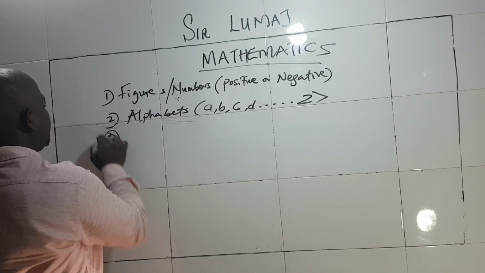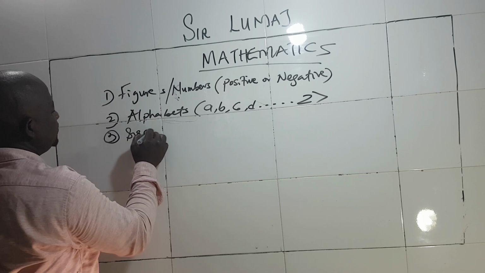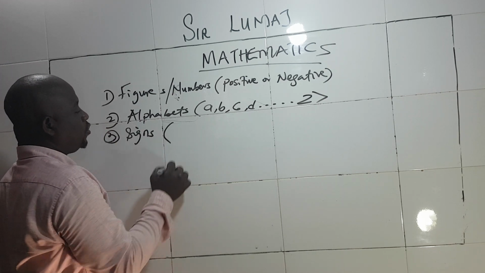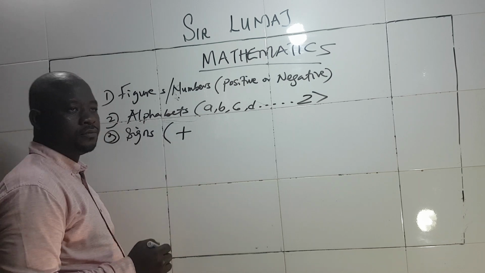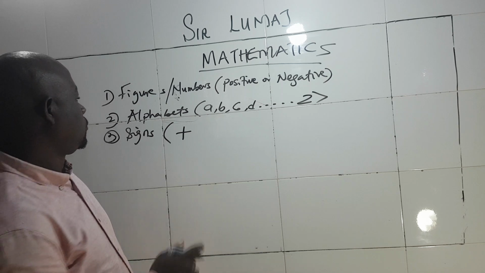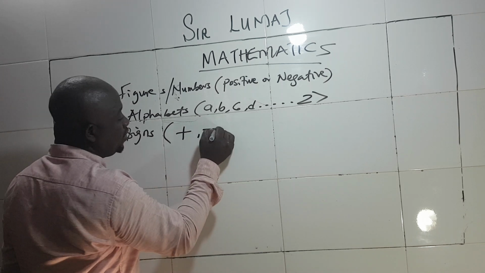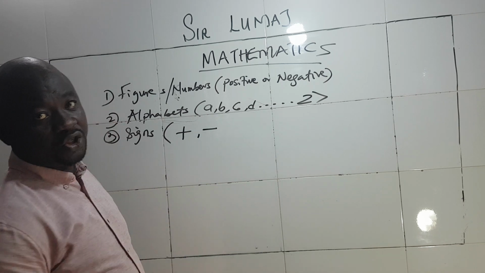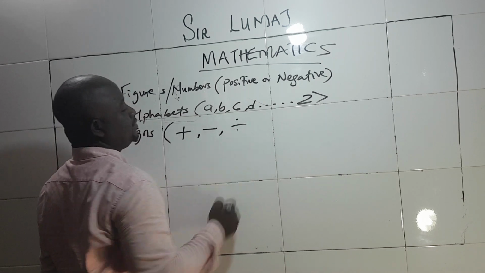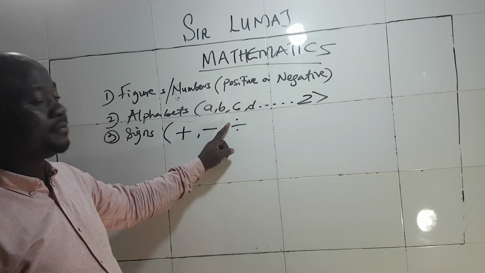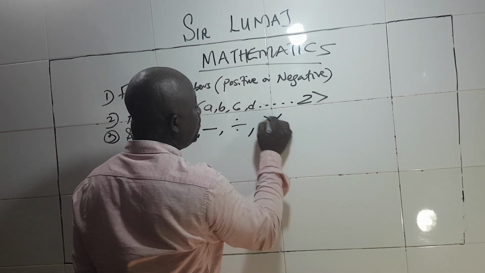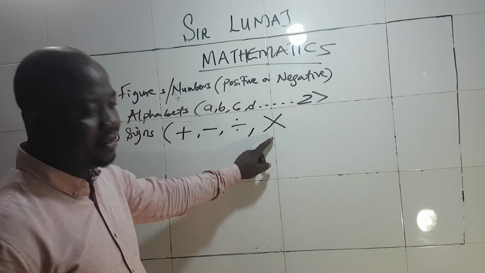3, we talk about signs in mathematics. We talk about the plus or addition sign. We have the minus or subtraction sign. We have the division sign. We have the multiplication sign.